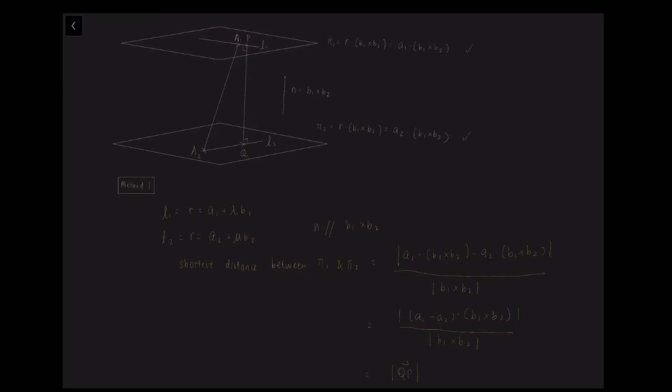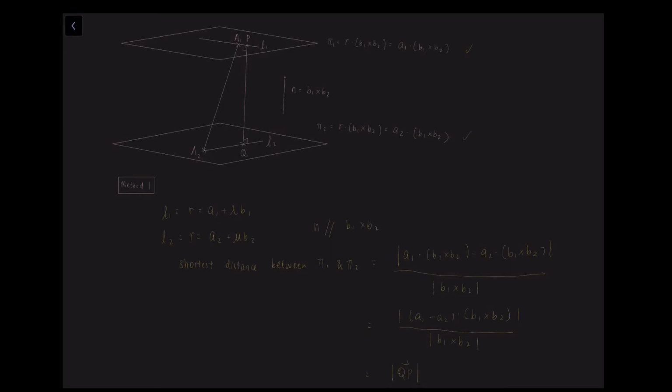And this is quite familiar if you think back to the equation we learned just now for finding the shortest distance between two planes, and it is exactly that. So A1 dot B1 cross B2 is d1 and A2 dot B1 cross B2 is d2.